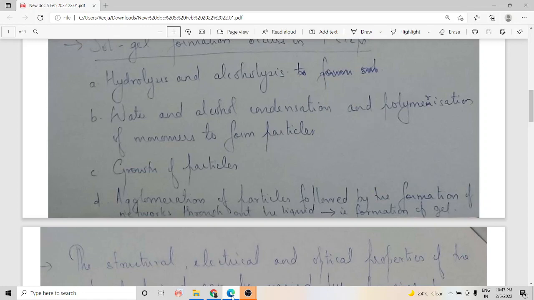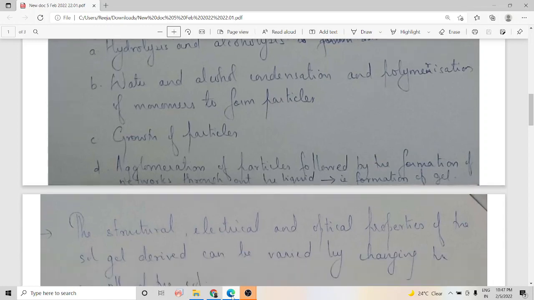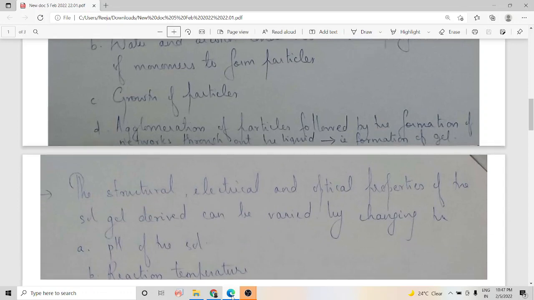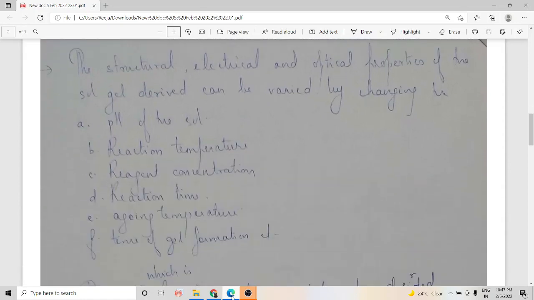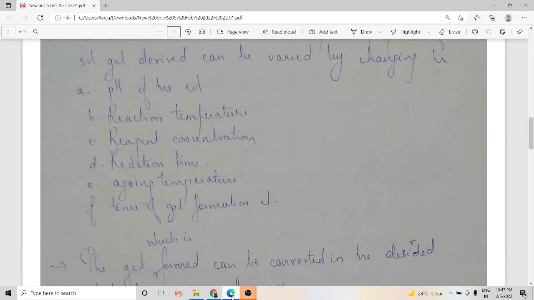So, the formation of network throughout the liquid. At the end of the fourth step, the gel is formed. The structural, electrical, and optical properties of the gel can be changed by varying the pH, reaction temperature, reagent concentration, reaction time, aging temperature, time of gel formation, etc.